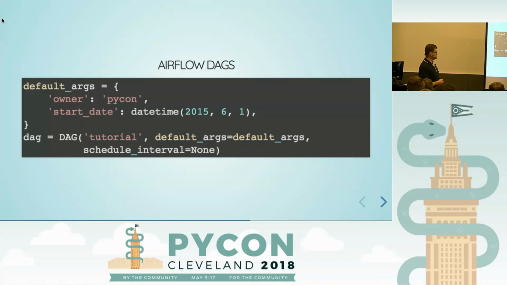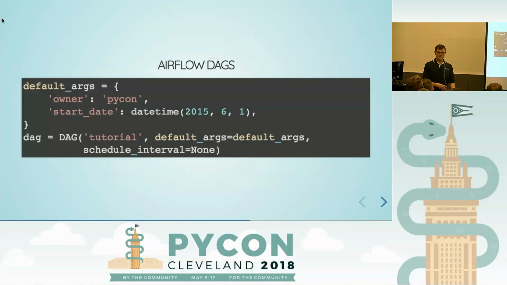So why are these default args? We have our DAG, and we might have hundreds of tasks in our DAG, and we'll see how we define them in a minute. But Airflow recognized that most of the tasks inside of our DAG are going to have similar parameters. So the default args are parameters that are going to be passed over to each and every task.